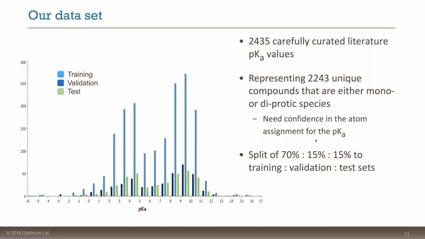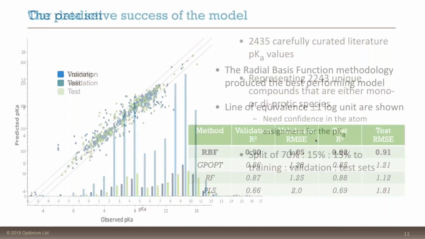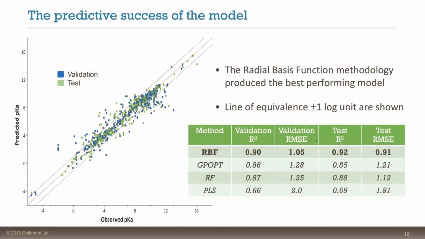We use the validation set then to assess which of these methods is performing well. And then we test again against a separate test set just to make certain that we haven't got lucky, that we haven't just by random chance managed to find a good performing model.